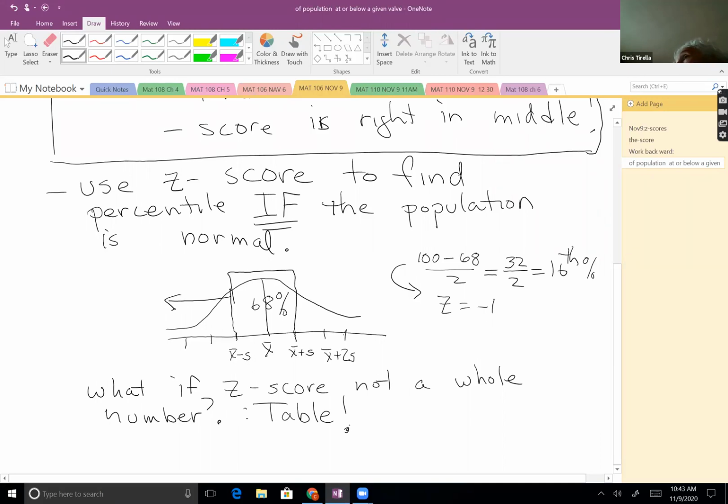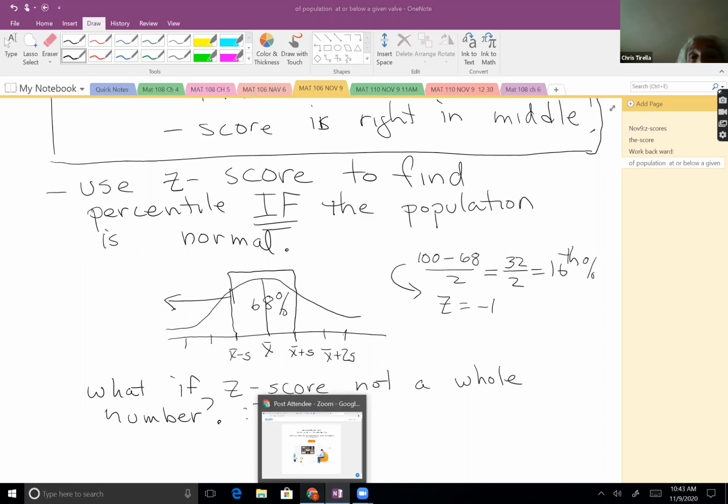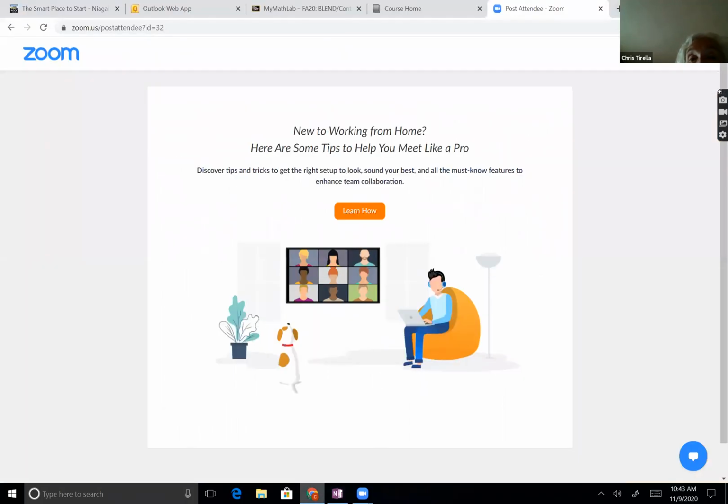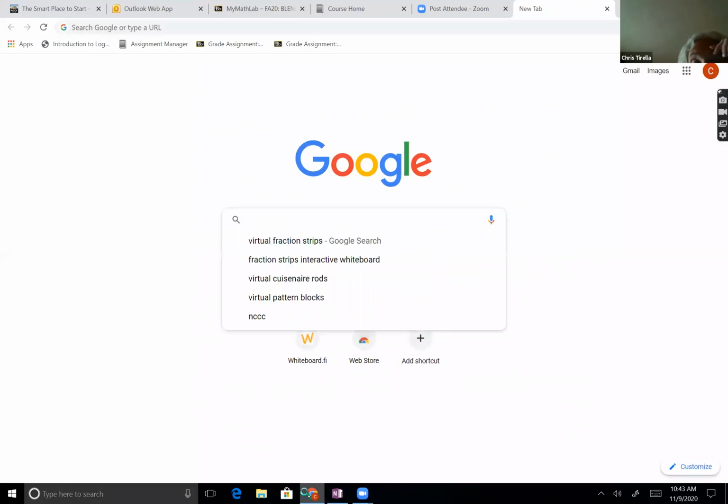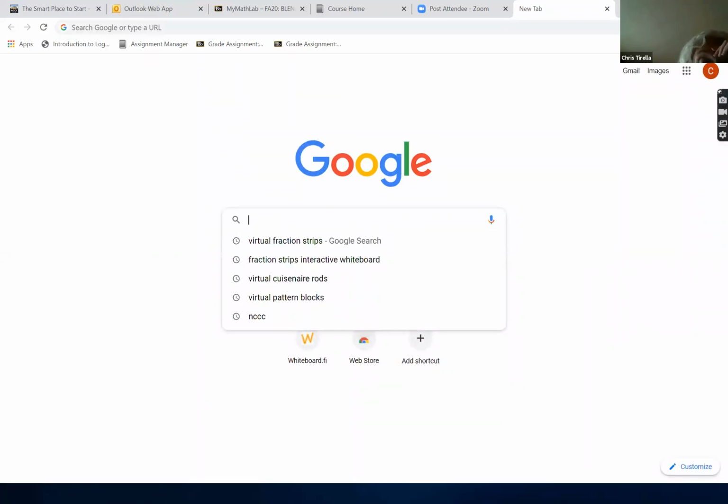And so again, I have to apologize. I should have uploaded these 2 tables to today's notes. If you give me a second, I'd like to look at first a table for the general normal distribution.